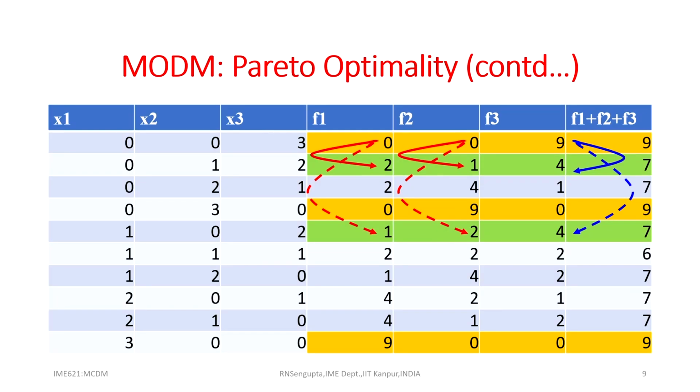So, no one is better, in the sense that the sum is 7 for f1 plus f2 plus f3, and what combination you will try to analyze would depend on what combinations of decision variable output are possible for you.